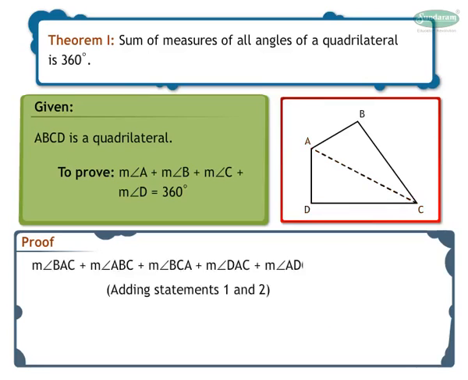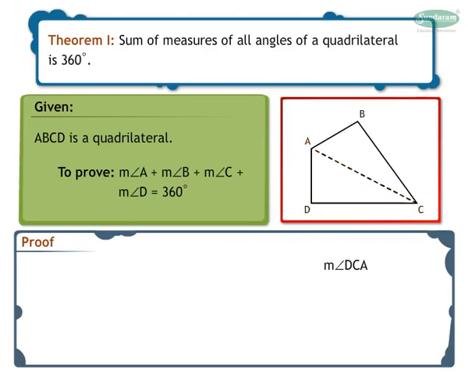Adding statements 1 and 2, we get measure of angle BAC plus measure of angle ABC plus measure of angle BCA plus measure of angle DAC plus measure of angle ADC plus measure of angle DCA is equal to 180 degrees plus 180 degrees.